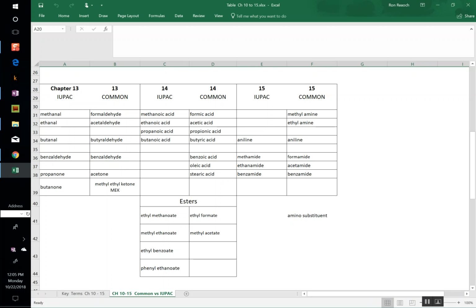And don't worry about naming that particular one. If the OH was right there, it'd be phenol, but that's not phenol. It's got a CH2OH right there.